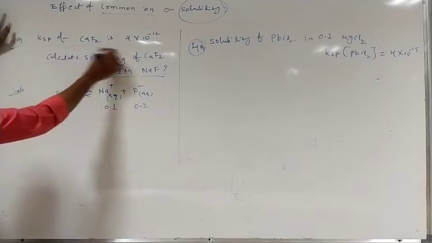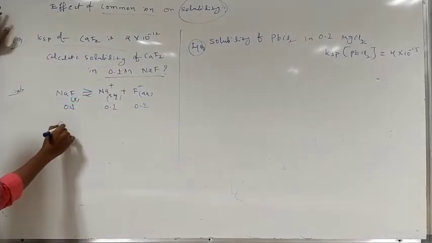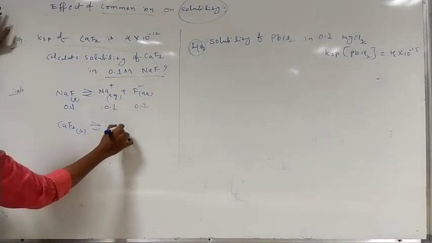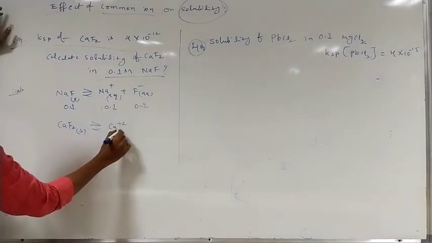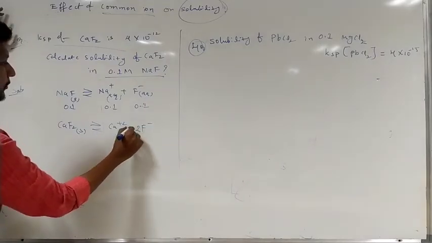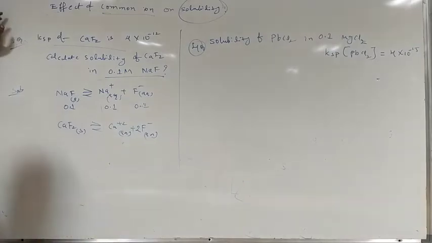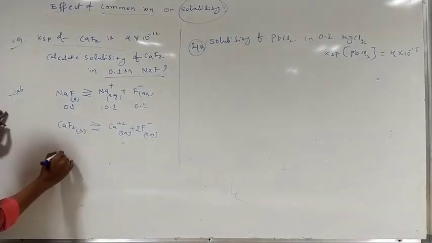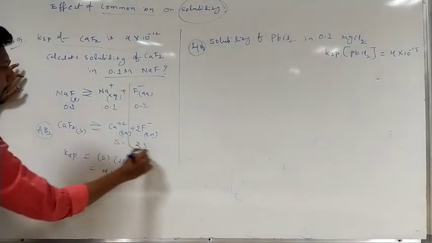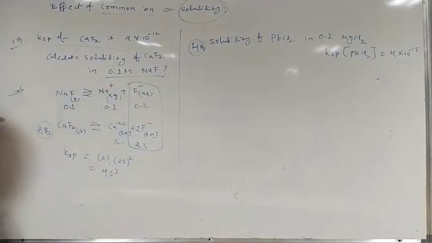Now we are going to calculate the solubility of CaF2. That's why I am writing the CaF2 solid equilibrium with Ca2+ aqueous plus 2F- aqueous. For this one I am writing the Ksp. In this, the common ion is F-.